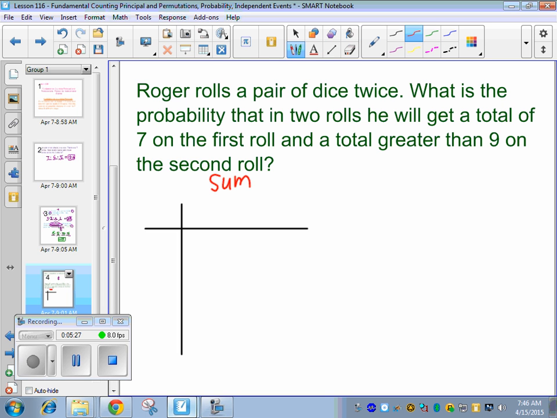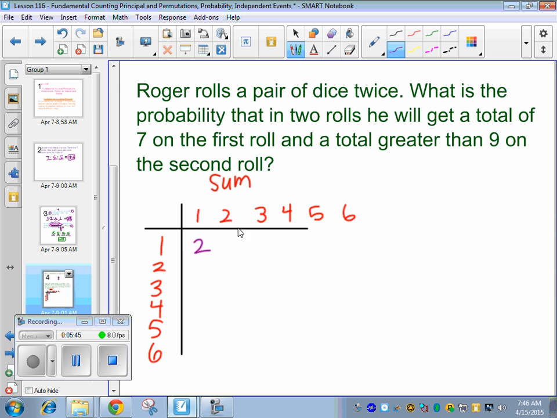You roll 2 dice. One die has a 1, 2, 3, 4, 5, and 6, and the other die has a 1, 2, 3, 4, 5, and 6. If we roll a 1 and a 1, we get a 2.